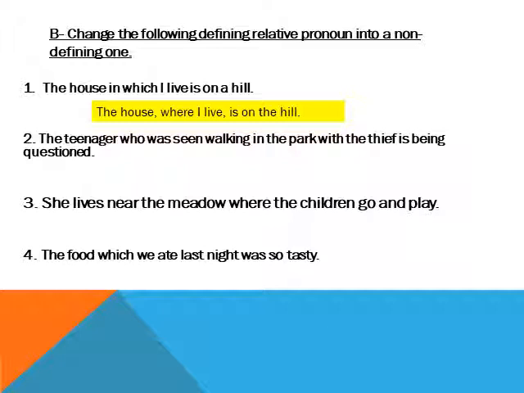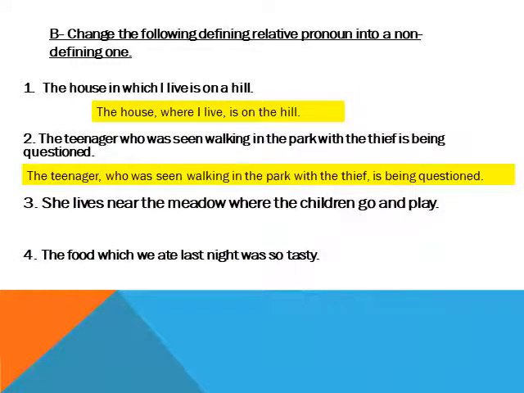Number 2, the teenager who was seen walking in the park with a thief is being questioned. So how do we change who, the defining relative pronoun here, into a non-defining relative pronoun? What do we do? Yes, we say the teenager, comma, who was seen walking in the park with a thief, comma, is being questioned.